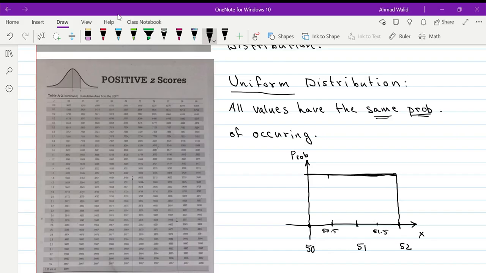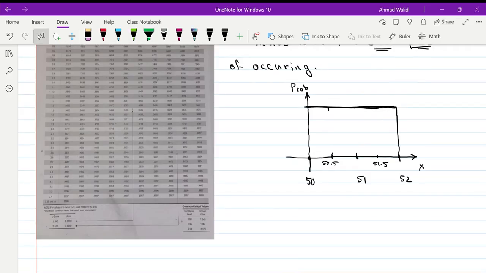Now, when you draw this graph, the name of this graph is the density curve. This density curve has two criteria, correct?